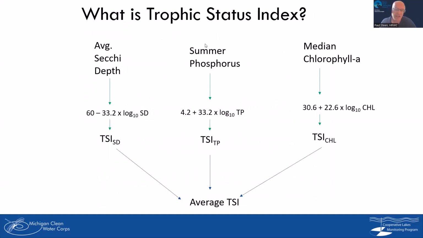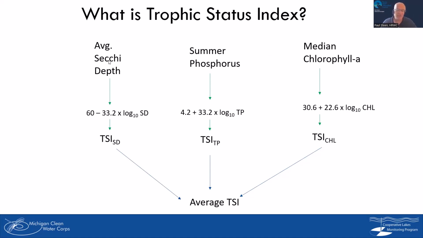So trophic status index, what that gets at is taking the Secchi and taking your summer phosphorus and now taking your chlorophyll and averaging those results together to give you a number that puts you on this trophic continuum. Now, none of these are comparing apples to apples. They're all on different scales, right?